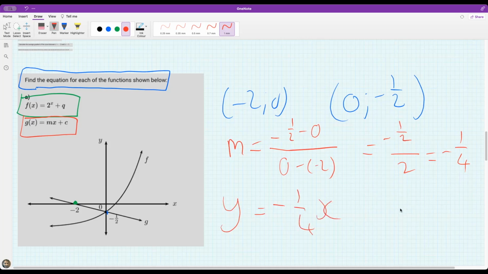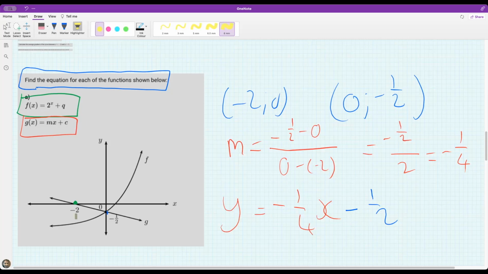Now, what is the C value going to be? Actually, look, this goes through the y-intercept, so that has to be minus a half. And so we've done the first one.